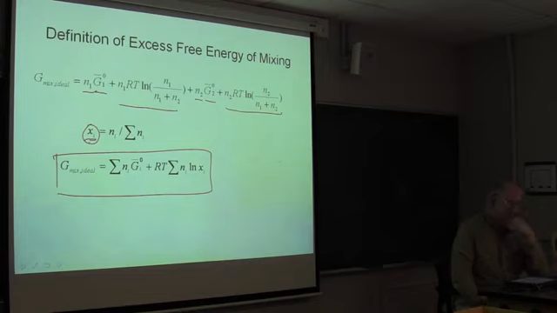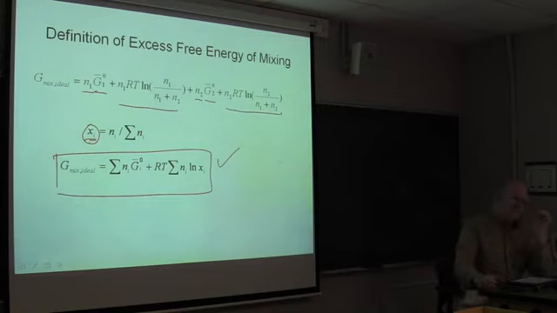So the problem with a liquid is there are interactions between the molecules in the liquid. And if we form a mixture of two liquids, the interactions of 1 with 1, and 1 with 2, and 2 with 2 are not necessarily exactly the same. But if they were exactly the same, then they would follow this relationship that governs any ideal mixture.